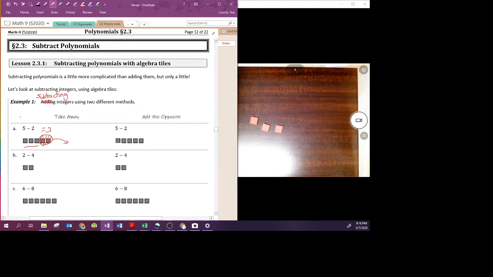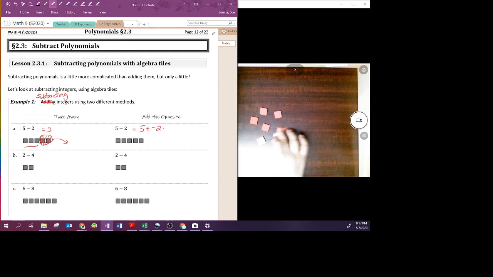Okay. There's another way that we can do this, which is to add the opposite. And we've done this with integers, right? We've talked about adding the opposite. So instead of taking 2 away, I'm going to add negative 2. So 5 minus 2 becomes 5 plus negative 2. So I'm going to add my negative 2. And then I've got some zero pairs.